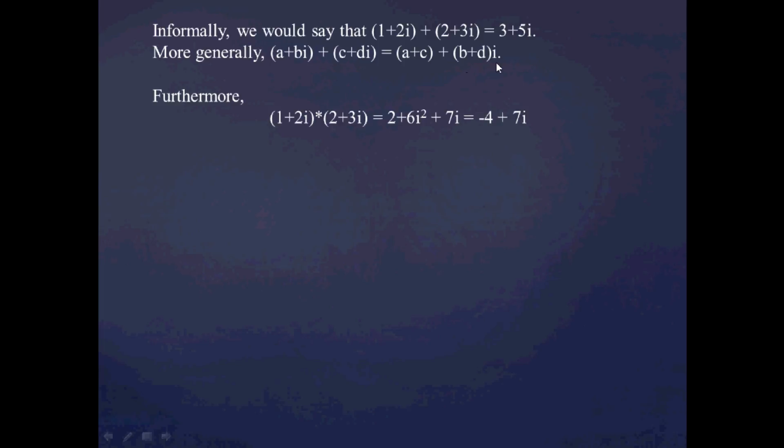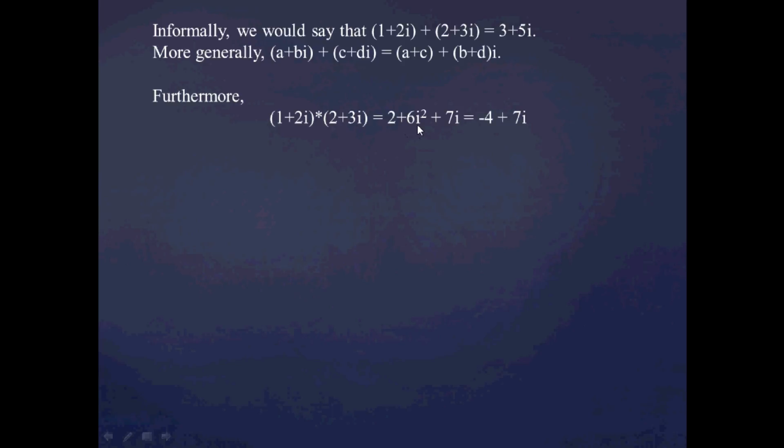And same deal for multiplication. We essentially know how to do this already. So same example, let's multiply 1 + 2i and 2 + 3i. So for the real part, we have two terms when we distribute here that are going to give us a real part. We're going to have 1 times 2, that gives us 2. But we also have this 2i times 3i here, which will give me 6i squared.